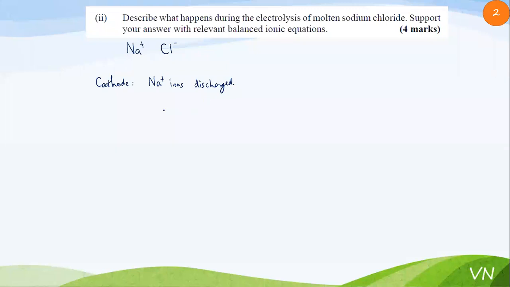And we can write the equation here. You can type in the equation, and you can also check your equation as you go. Obviously, if it's the sodium ions at the cathode, it is going to be the chloride ions discharged at the anode.